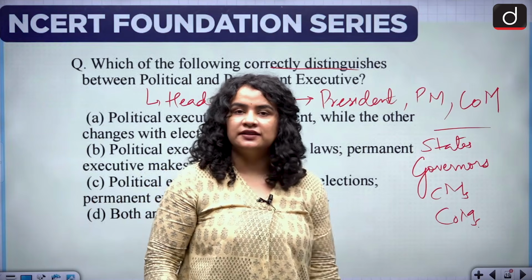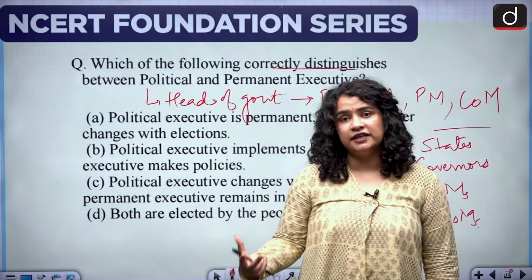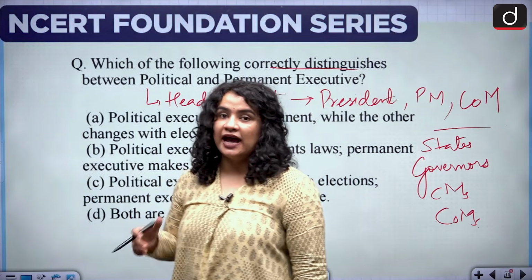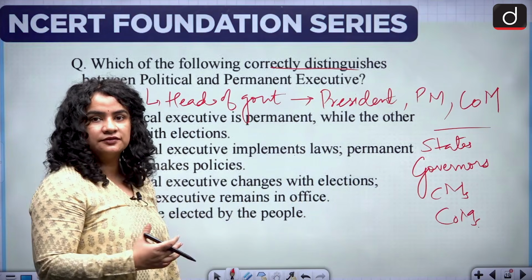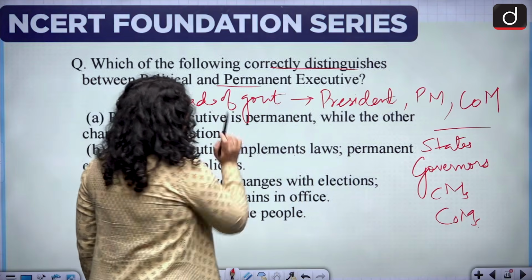But what happens? The governments come and go. The governments keep changing. Therefore, the political executive also keeps changing. What remains intact, what stays as it is, is the administrative machinery, the bureaucrats, the civil servants, and hence they are known as permanent executive.